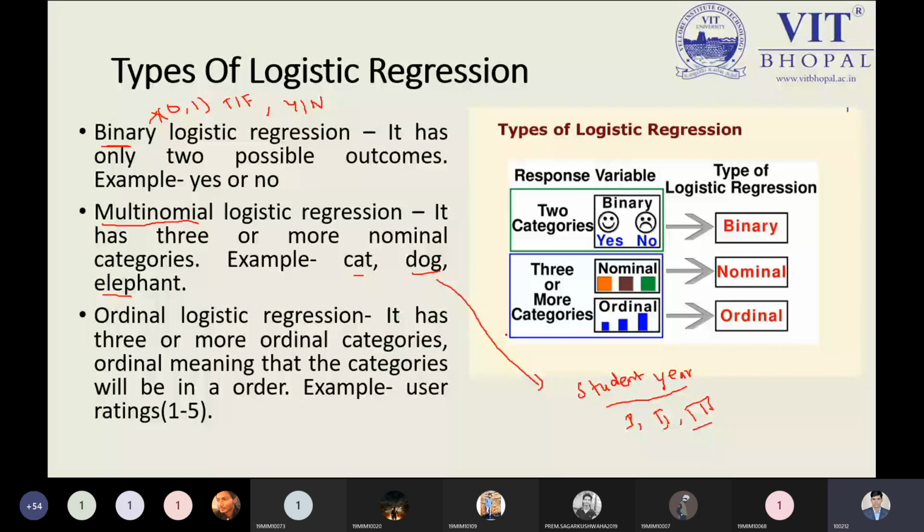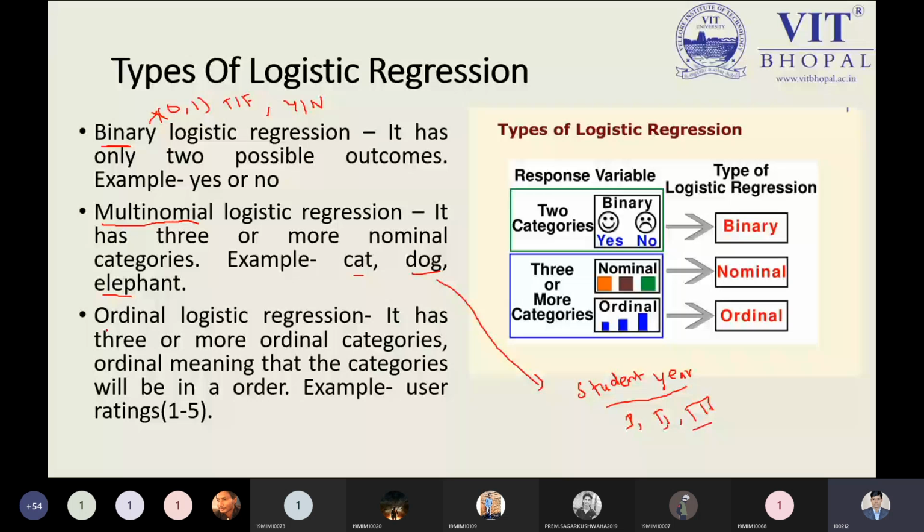Here we don't have two, we have more than two. When we have two, we consider it binary. Suppose I am talking about only first and second year students. We have two values only, so such a logistic regression is identified as binary logistic regression.